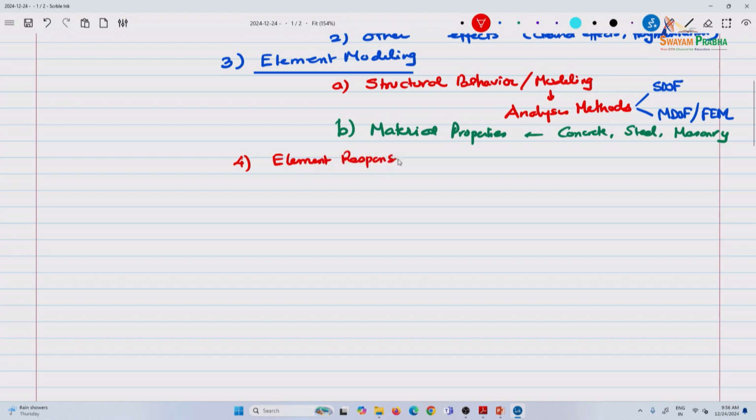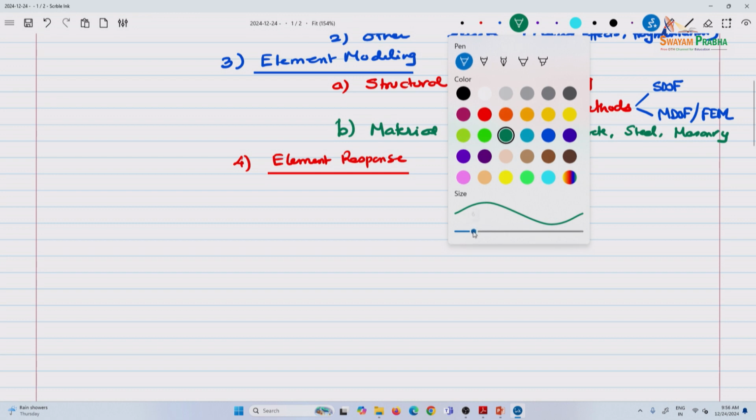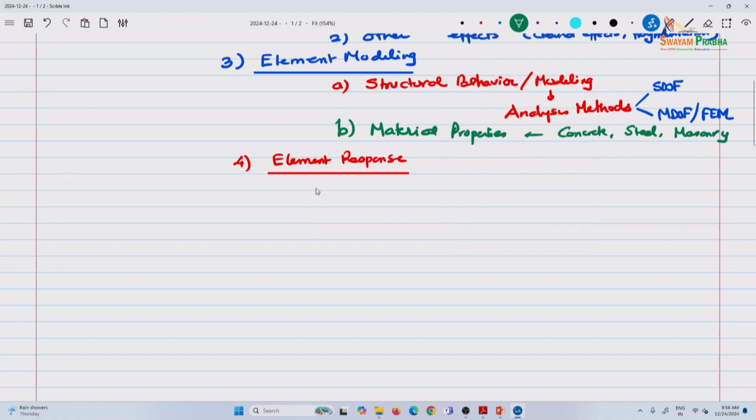So you have a loading, and once you have decided on what the type of model it should be, you apply the loading, you get the response. And what are all the parameters that you include in your response? For example, whether you are looking at the force, you still have to come to the basics of design.